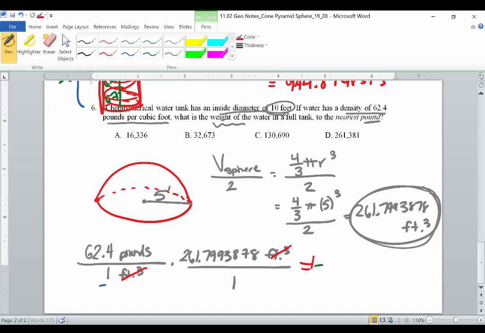So that should give you 16,336.2818, and that's pounds. It says to the nearest pound. So we have got choice A here, to the nearest pound if we round it. So again, we're looking at our density here. Density, you could also think of it as density equals mass over volume and do it that way as well.